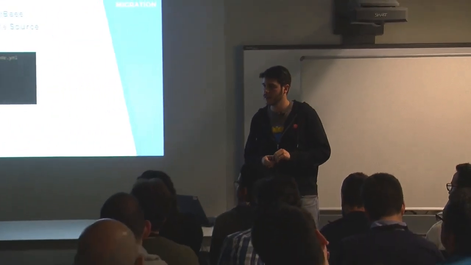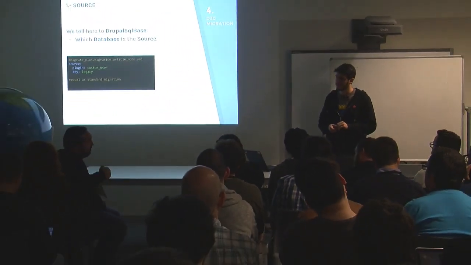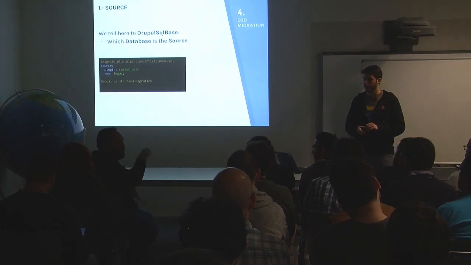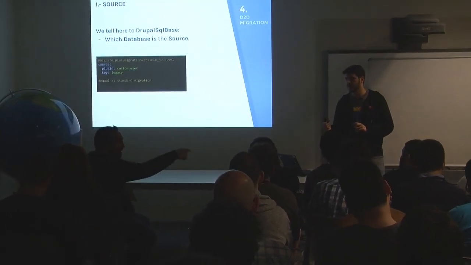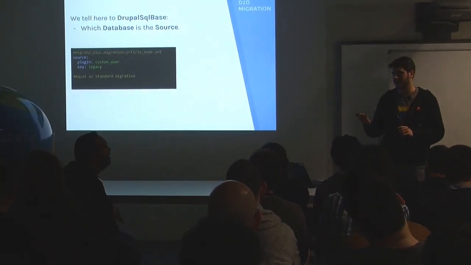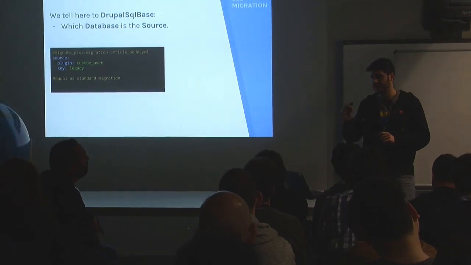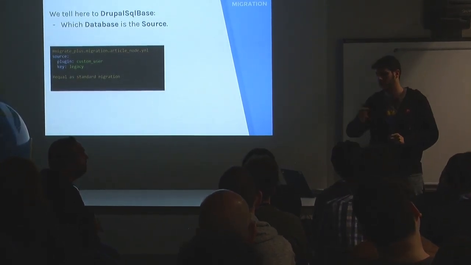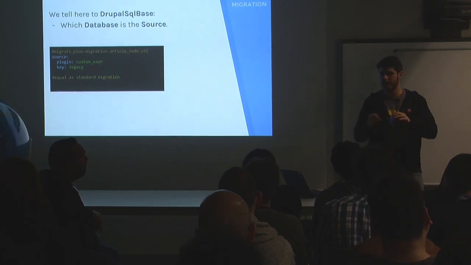Does it involve some sort of rollback? Can I go back? Yeah, you can roll back. With filters, there are some arguments in Drush migrate import or migrate rollback. Check Drush help migrate import.